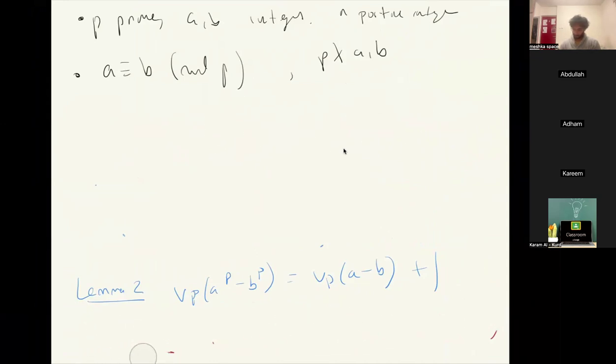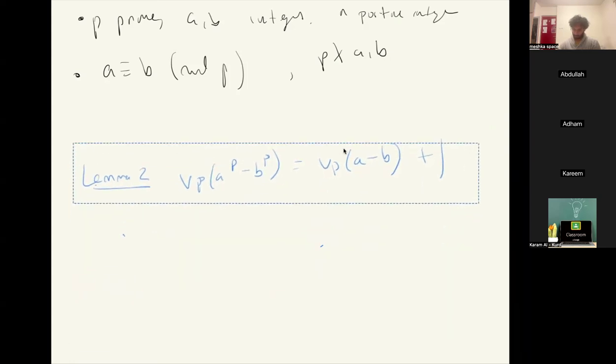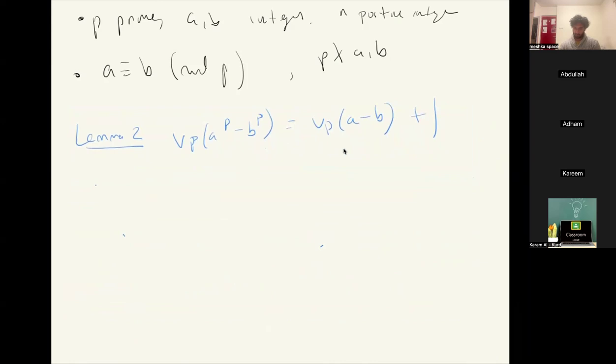Okay, so we start off the same way. We want to use the factorization that we know. No, like the last term is b to the p minus 1. Yes, okay. Great.